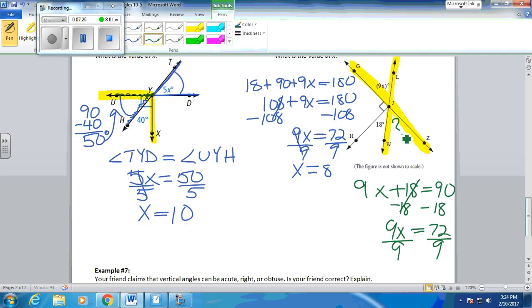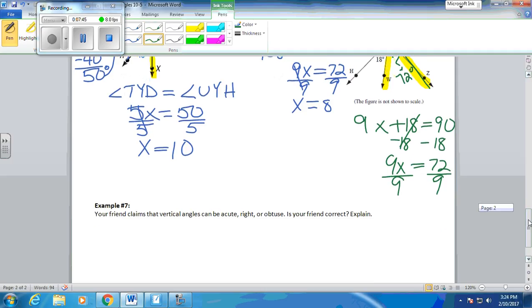I don't know this angle right here, but I do know from this straight line that this is 90, this is 18. I can now figure out what angle measure this is, and it's 72, because 72 plus 18 is 90. 90 plus 90 is 180. So you also could have an equation of 9x equals 72 to get the right answer.